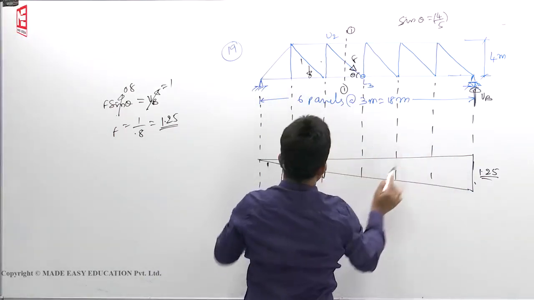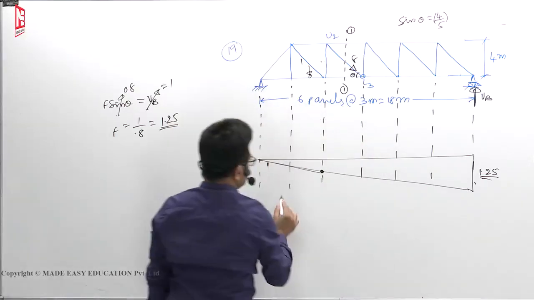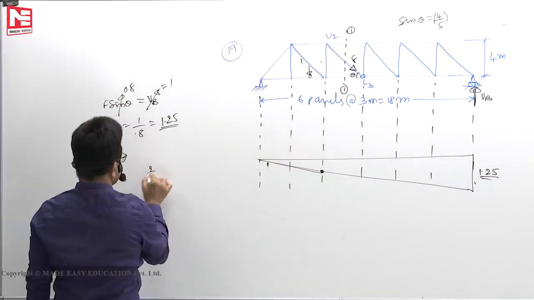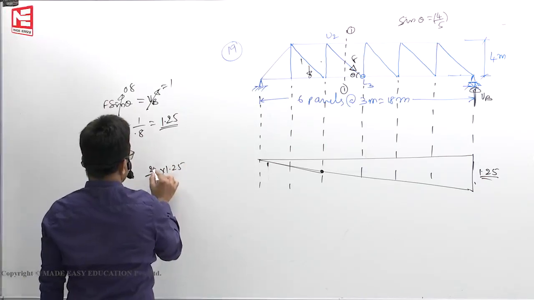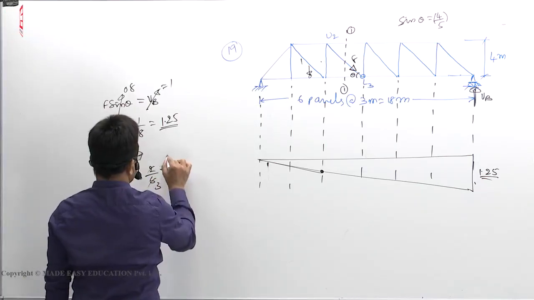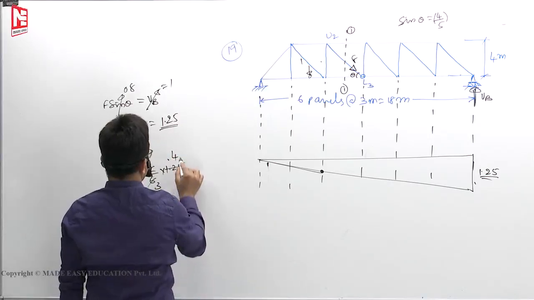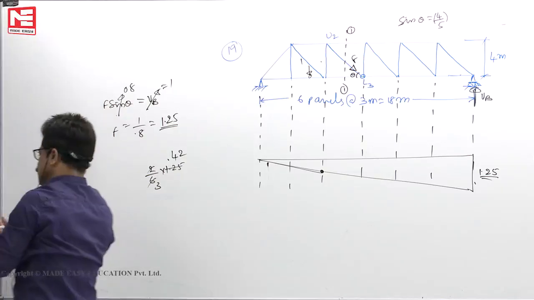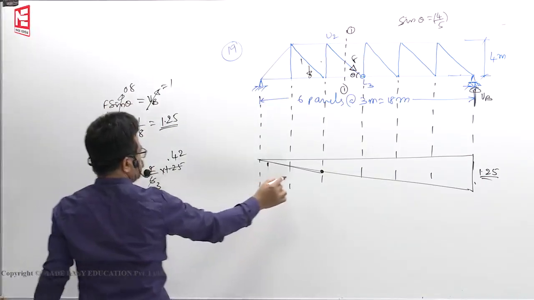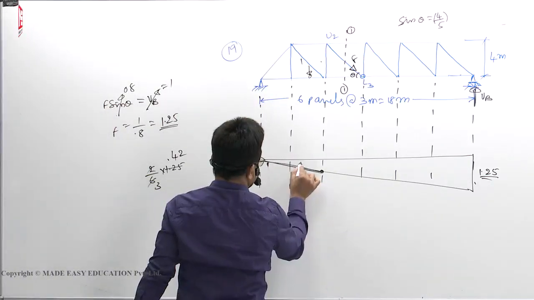For 6 panels, 1.25. 2 panels how much? 2 by 6 into 1.25. So 2 threes, 0.4. Approximately we can take it as 0.42, or he has given. So compression 0.42 up to here.